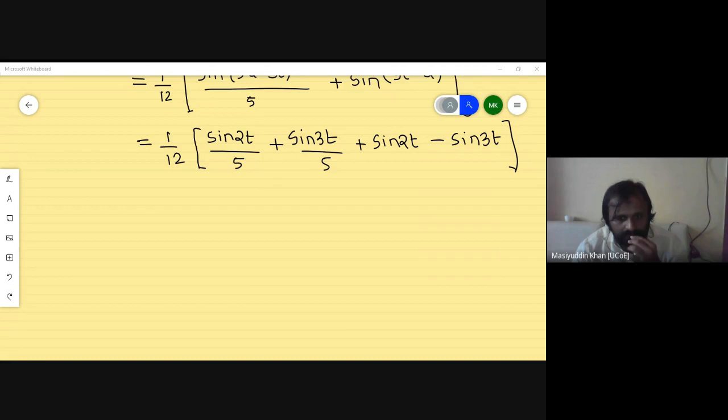Now, I'm considering that there are no doubts in the convolution theorem. Coming to the next part, partial fractions and the Heaviside unit step function. These two parts are remaining in our syllabus for the completion of module number 2. Once they are completed, our module 2 will be completed.